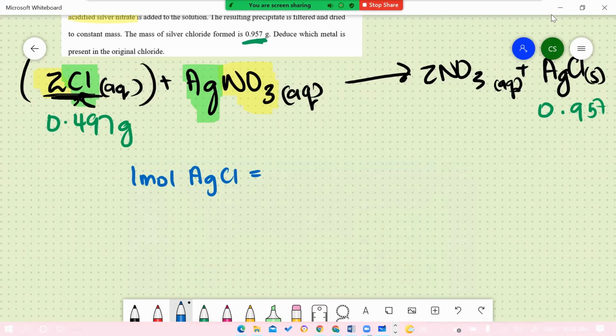What did you get for the molecular mass of AgCl? What am I using for its mass? I'm using 107.9 grams. Add the chlorine atom and tell me now.